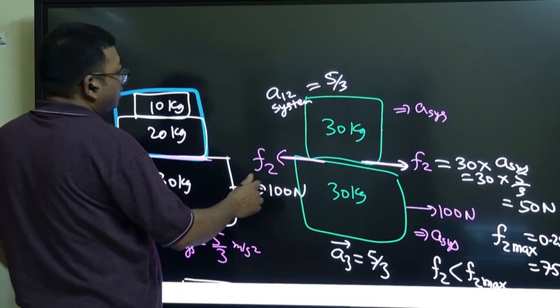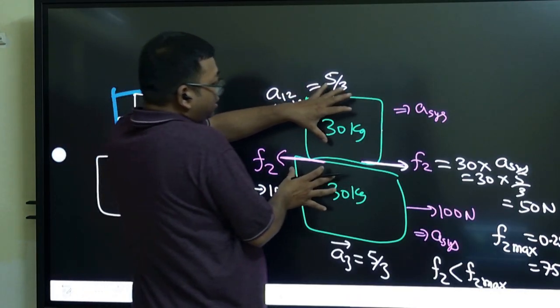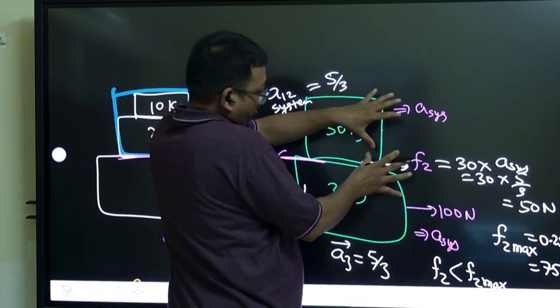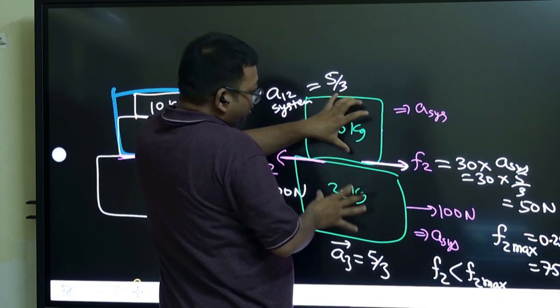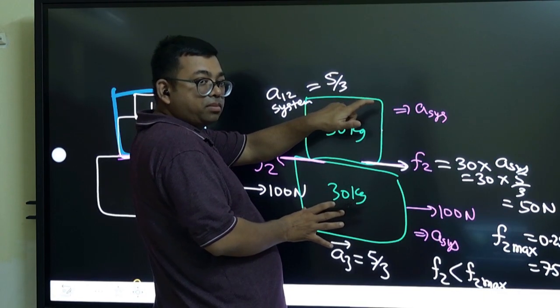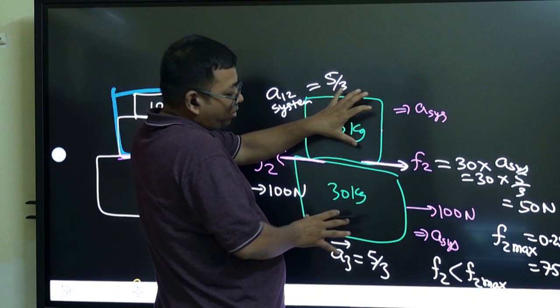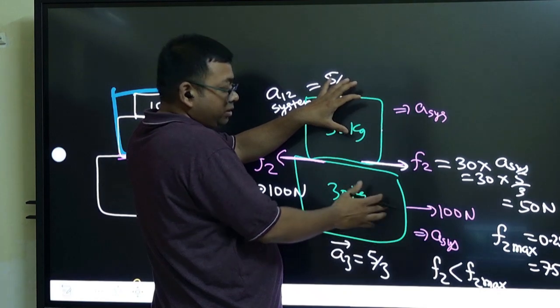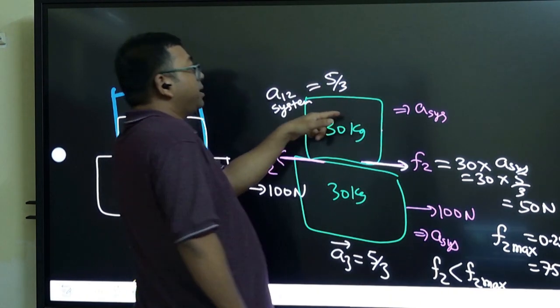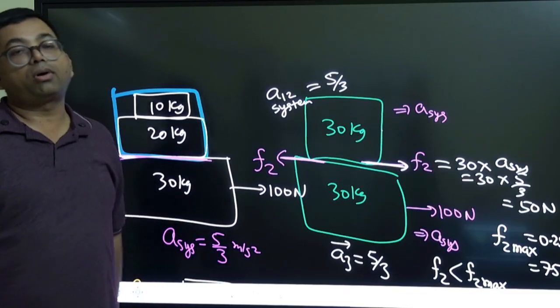Because here we have considered that they are moving together. We have assumed that they are moving together. So this upper one is a system, not a single block, but the lower one is a single block. So lower A3 is 5 by 3, but for the upper, this 5 by 3 is for the system, not the individual block.